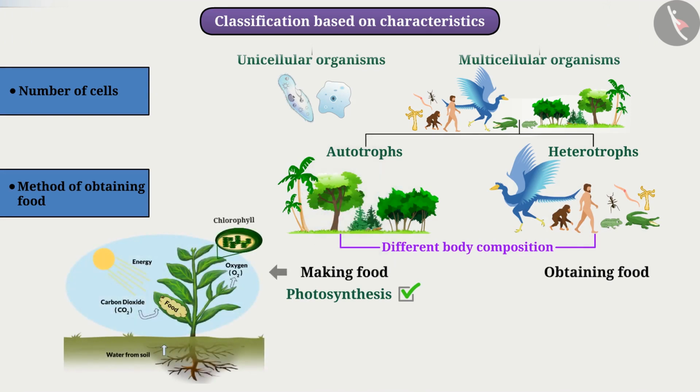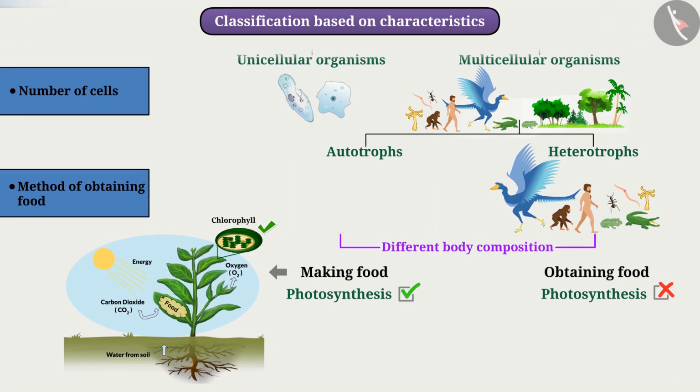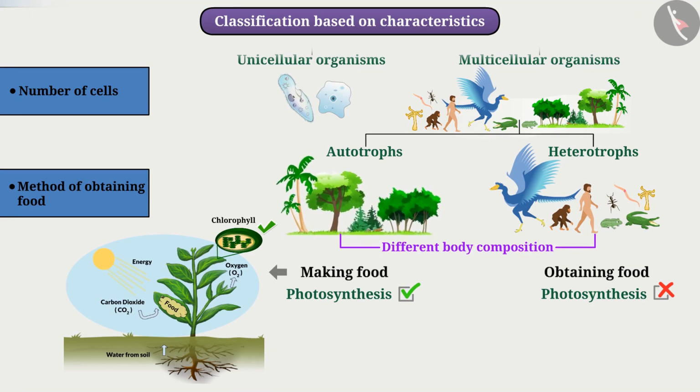Green plants have chlorophyll, by which they absorb sunlight and, with the help of photosynthesis, make their own food. Animals do not have chlorophyll, so they are unable to perform photosynthesis. In this way, green plants come in one group and different animals, including humans and parasites, come in another group.